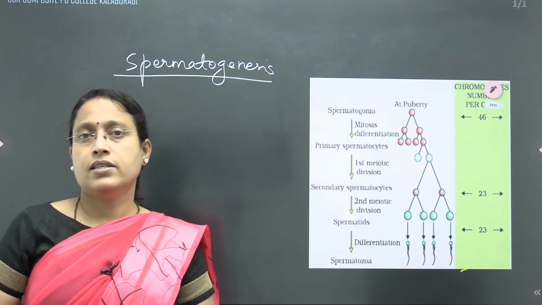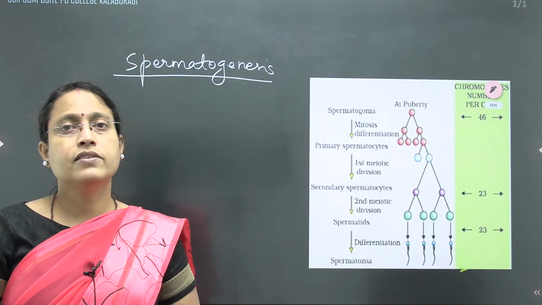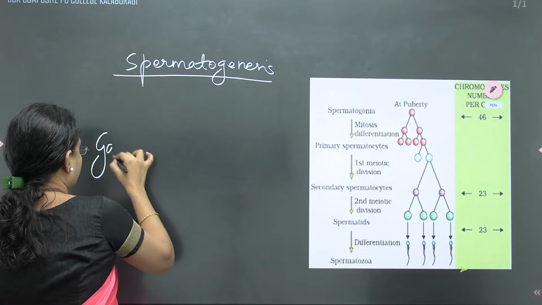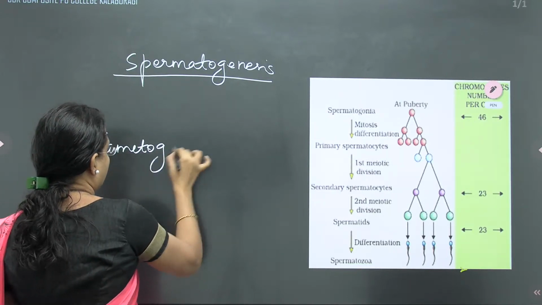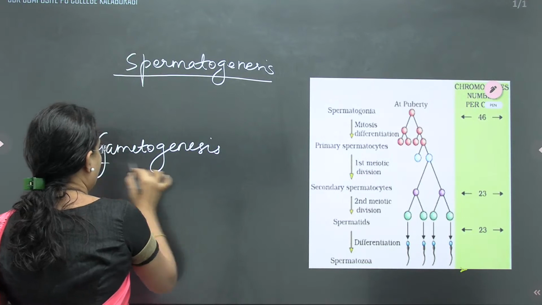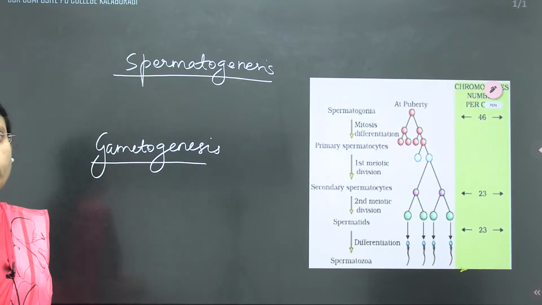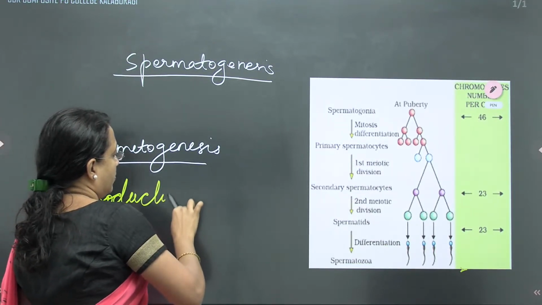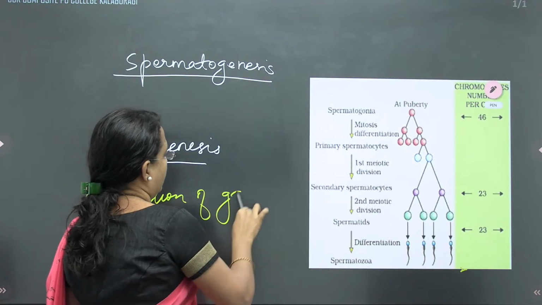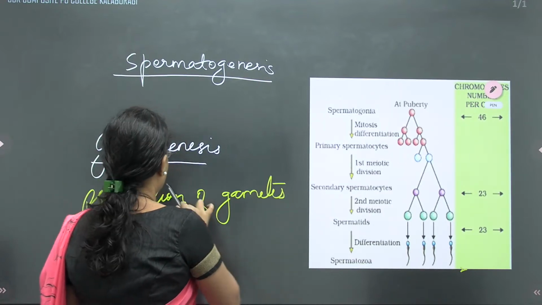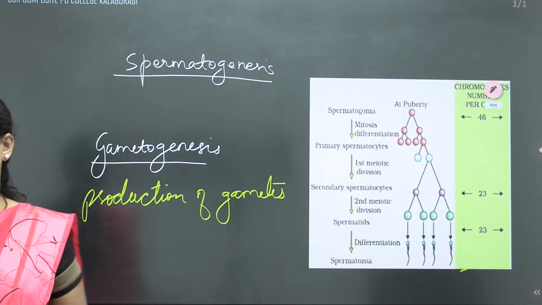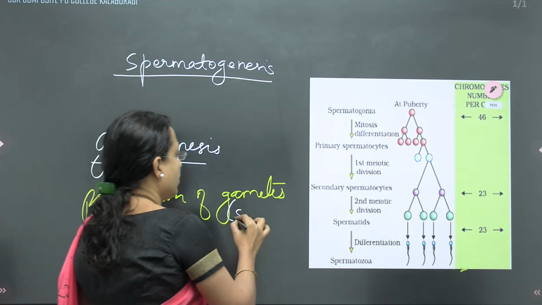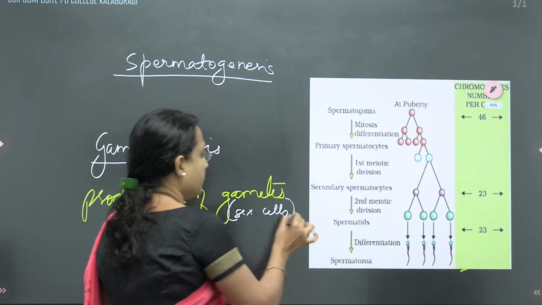So spermatogenesis means what? It arises from another term called gametogenesis. What is gametogenesis? It is the production of gametes. And what are gametes? You all know the gametes are nothing but the sex cells.